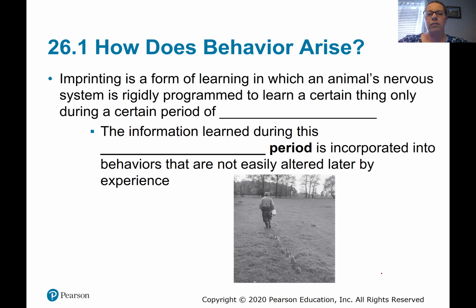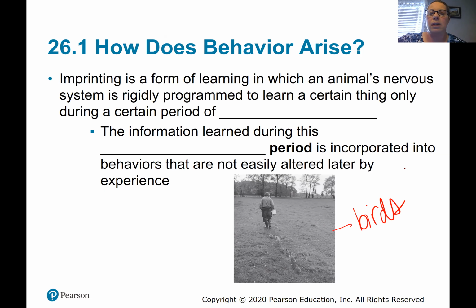Another type of behavior is imprinting. I raise horses, and one of the things you hear about imprinting in horses is that when foals are born, sometimes people will undergo a process to imprint them. We see it a lot in birds as well, especially migratory birds like geese, and you'll see it in ducks and so forth.